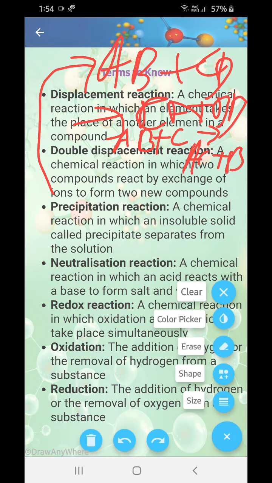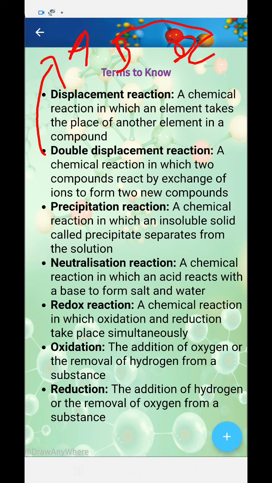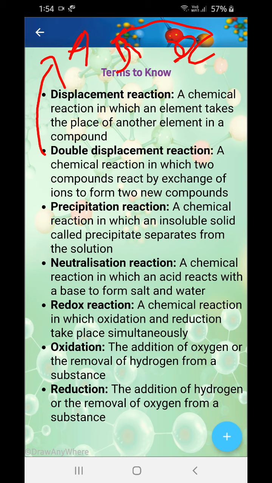A is with B and D is with C, and then B and C are sharing, and D and A are sharing. This bond is formed during heating, so double displacement reaction takes place.